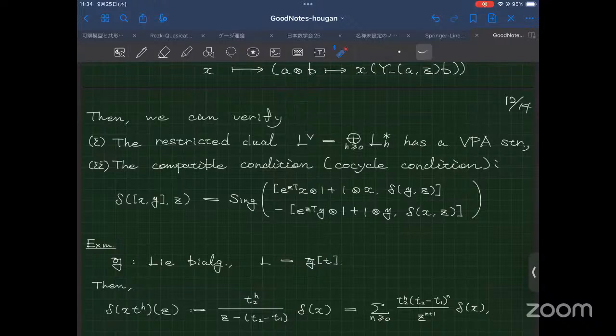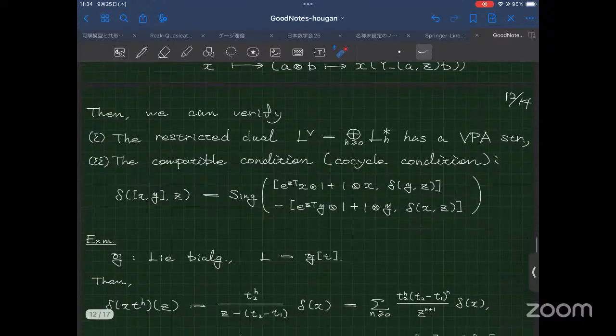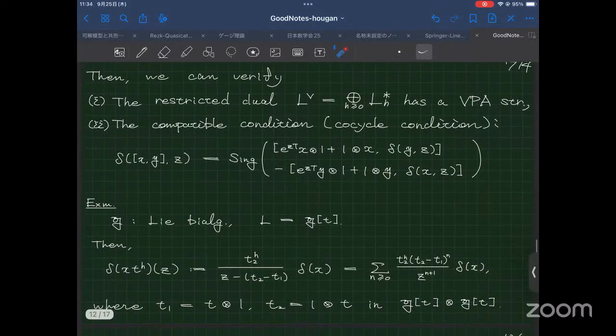Then the coproduct in the sense of vertex Lie algebra is explicitly written.